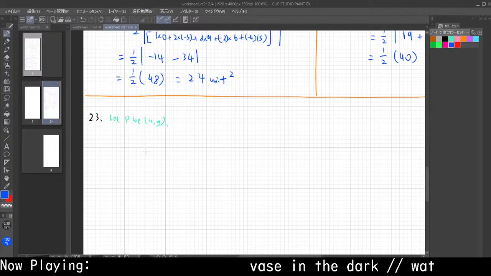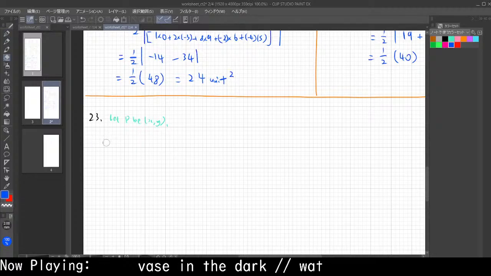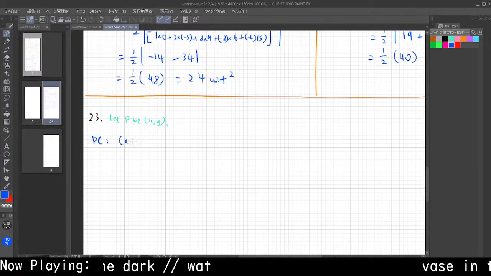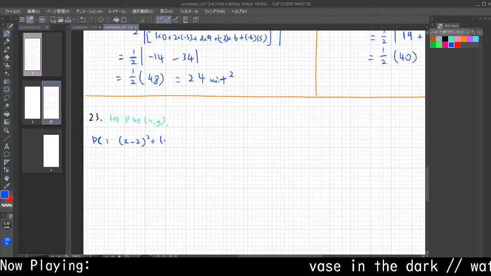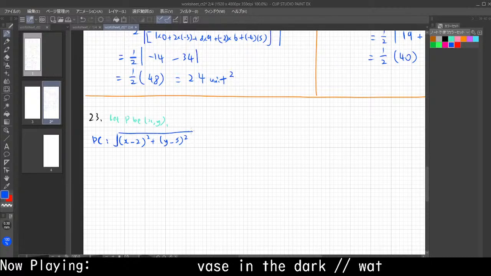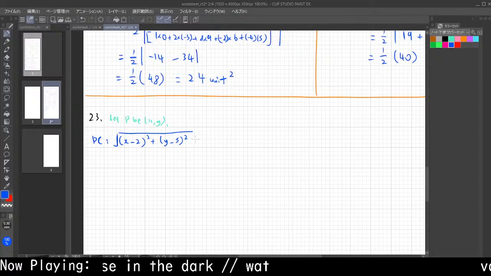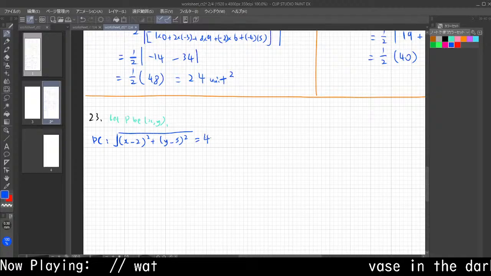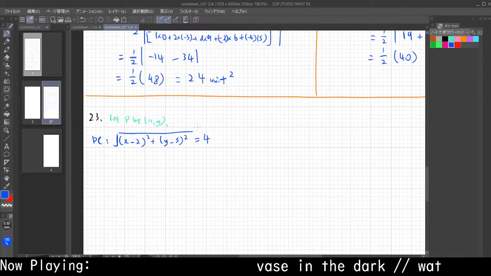Your PC has a formula such that the distance between your P and your C is the square root of x minus x1 squared plus y minus y1 squared. This will be equal to the distance between the 2 points, which should be 4. Since it's constant, it should be equal to 4 no matter what, so this is a fixed formula.